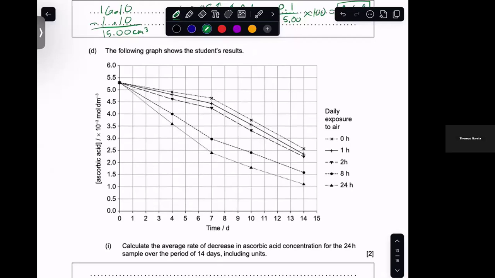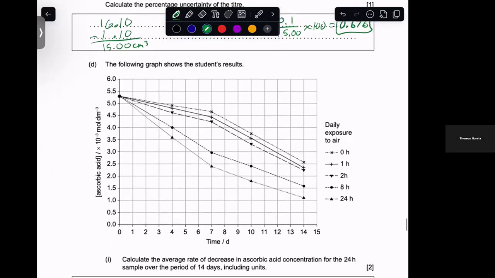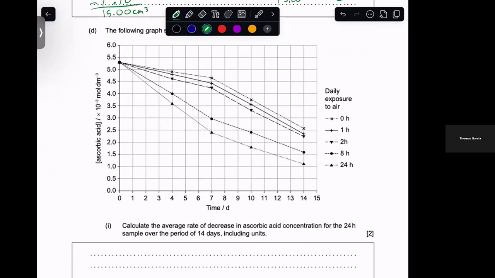All right. For D, the following graph shows the results. Calculate the average rate of decrease in ascorbic acid concentration for the 14-day period. Well, what I'm just going to do is calculate a slope from my 2 points.